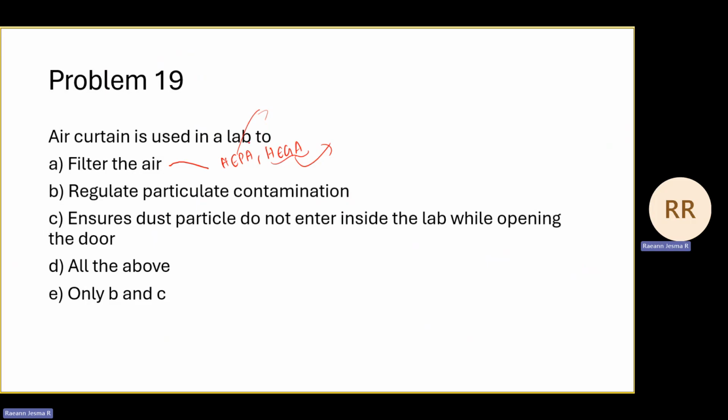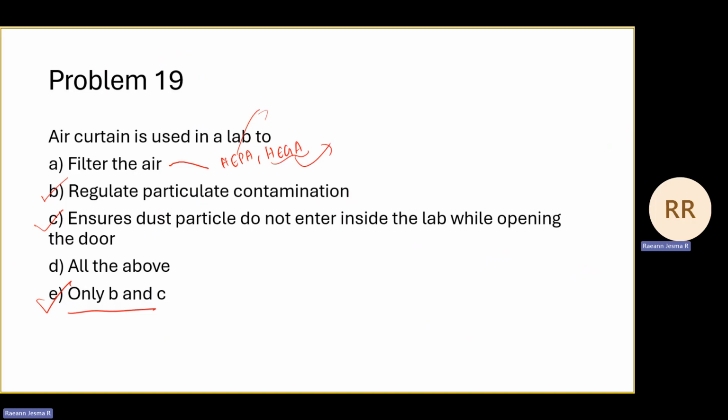So it is kind of mechanical filter. We use the air curtain to regulate the particle contamination. So that is correct. And we can also ensure that the dust particle do not enter inside the lab while opening the door. So B and C are correct. The correct answer is option E. Only B and C. Okay.